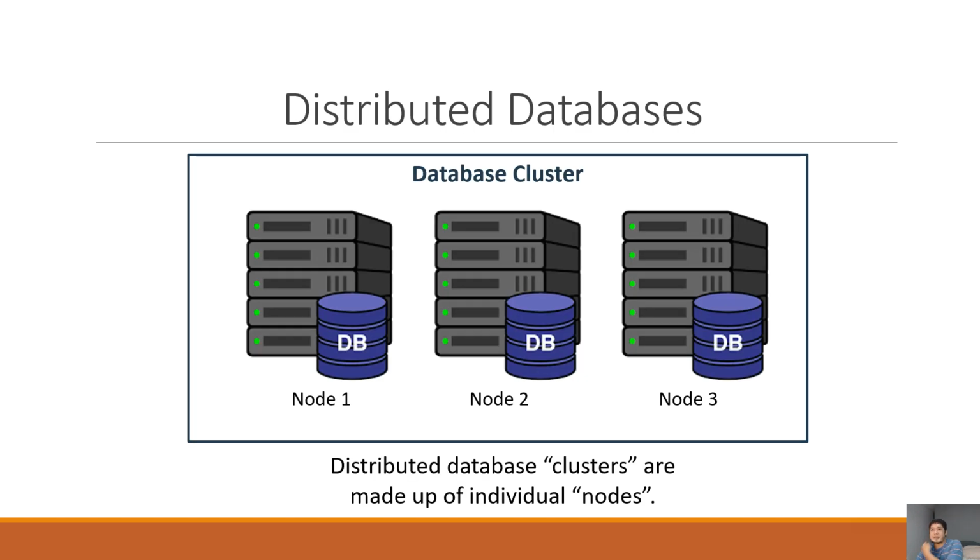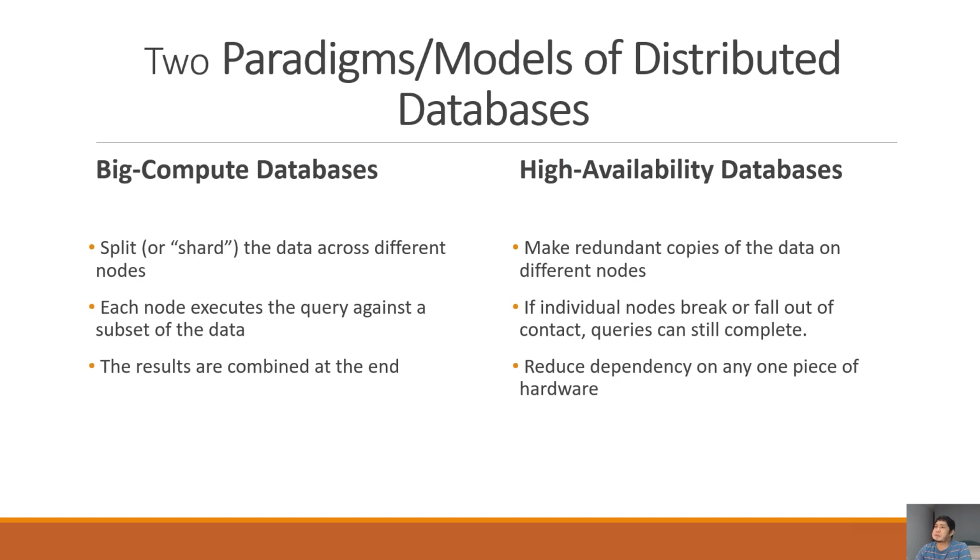Now, there are two types, or two paradigms or models, of distributed databases: the big compute databases and the high availability databases.